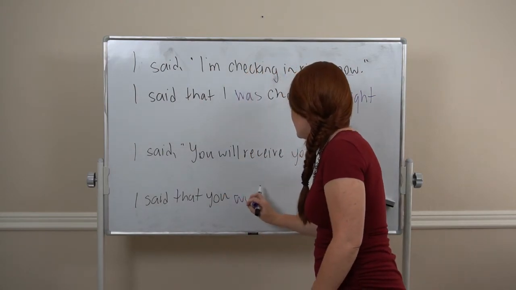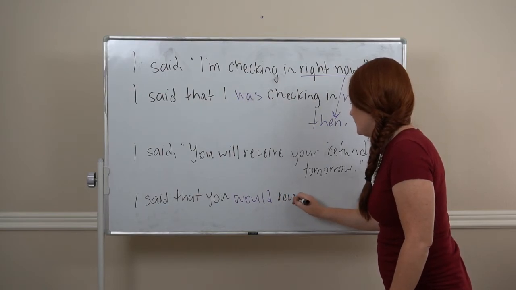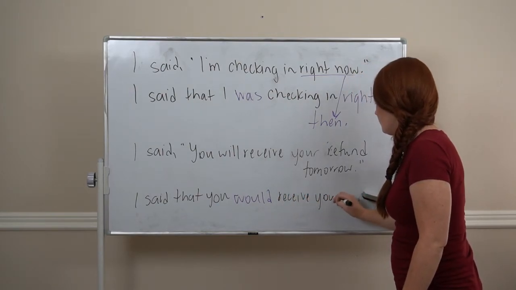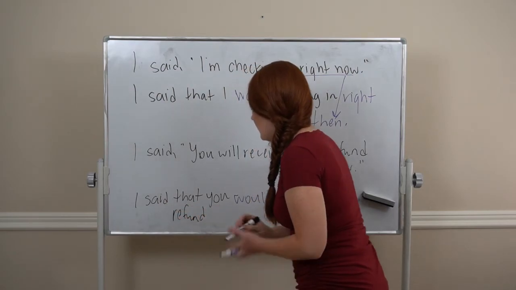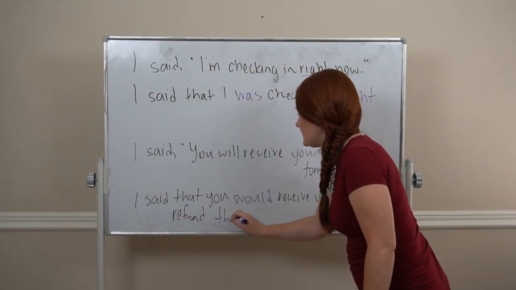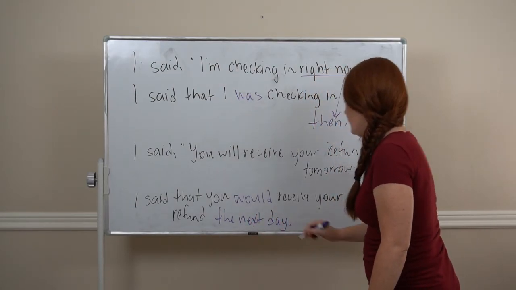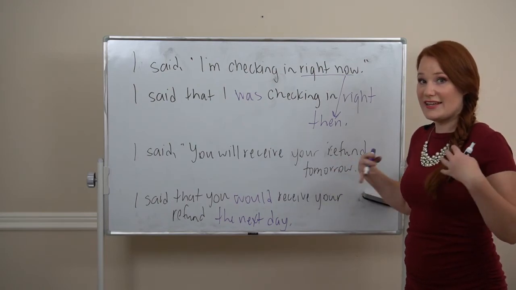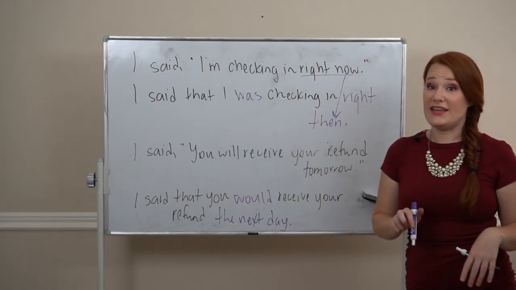I said that you would receive your refund. I'll have to say the next day. Right? I can't say tomorrow, right now. That's still in the future. So I have to change that to the next day.